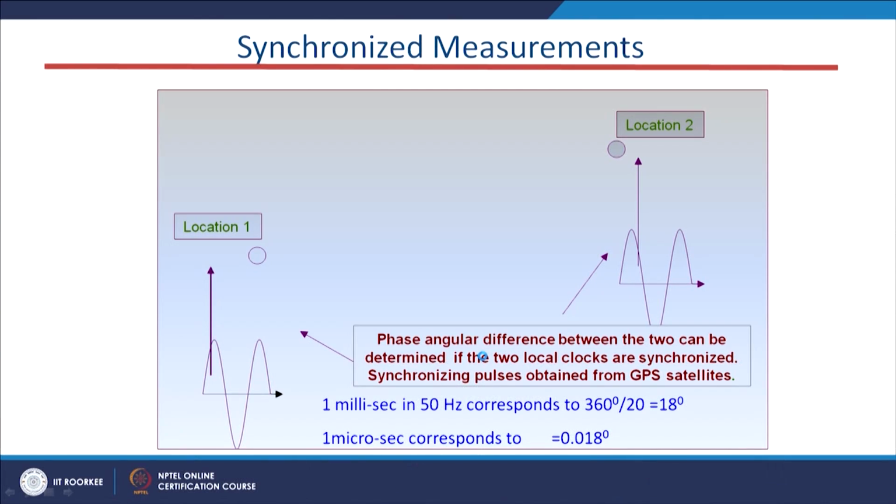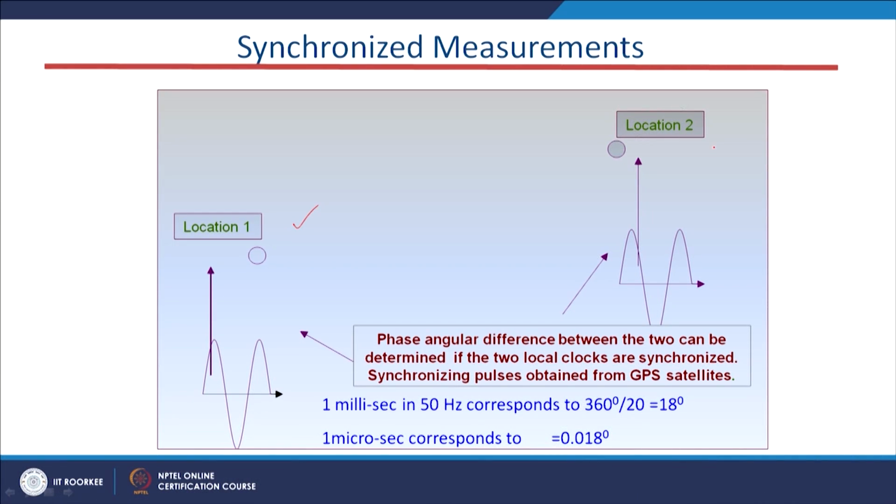Now, I will just come quickly again to this PMU part, how it measures the synchronized phasor voltages and currents. This is one location in the network, and this is location 2. These 2 locations are apart from each other, but still at the control center the voltage phasor V1 from this location and the voltage phasor V2 from location 2 will be in the same time stamp.